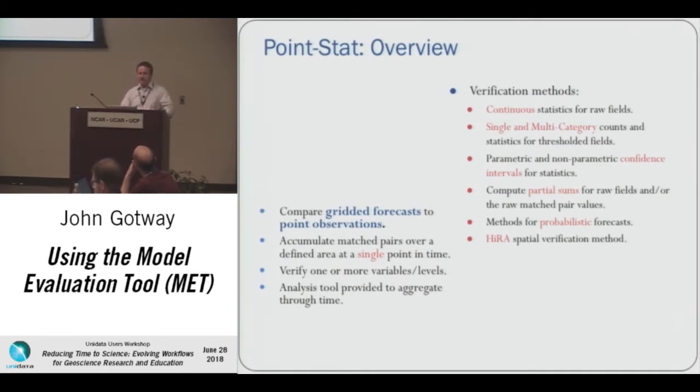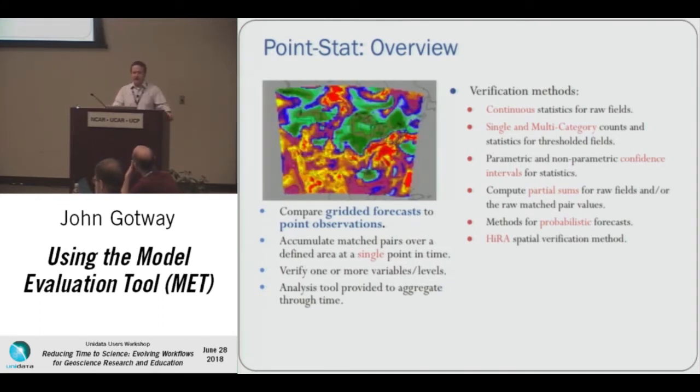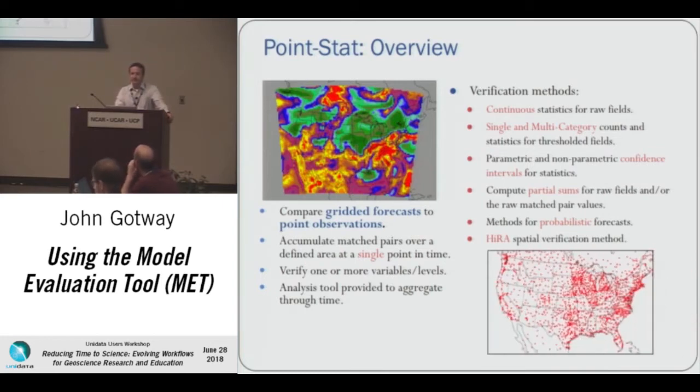A lot of the verification that folks do is done using the point stat tool, which is where you take a gridded NWP model output file and compare it to a set of point observations. So this is a big workhorse in MET. I want to point out that the grid stat and point stat tools are intended to be run once for each forecast verification time.